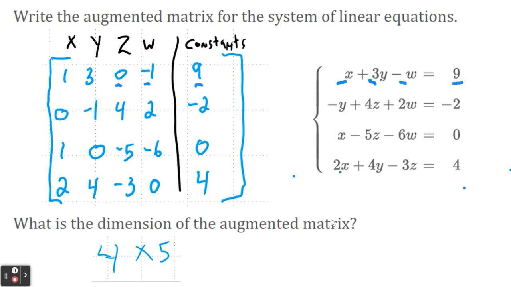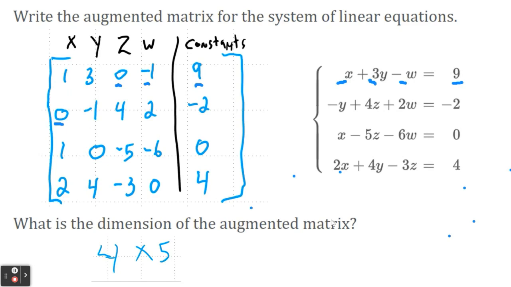So we go to the next row. I don't have an x, so therefore I put a 0. Then my y is a -1, z is 4, and then w is 2. So then we have our constant -2. And then we go to the next row. So then we have our x is 1.